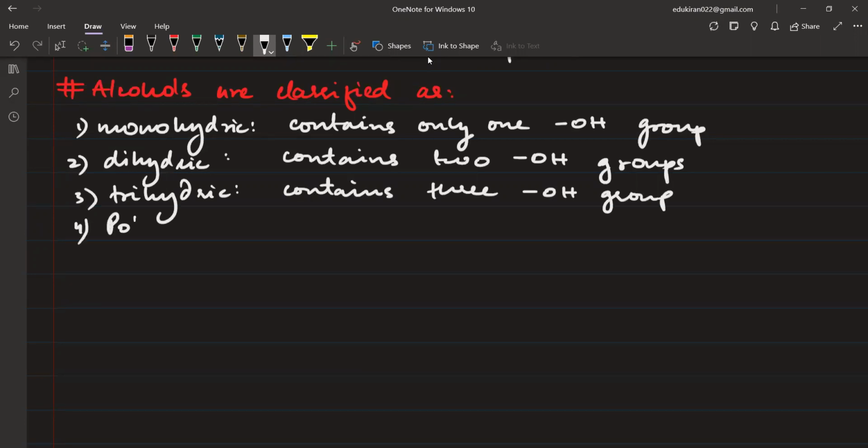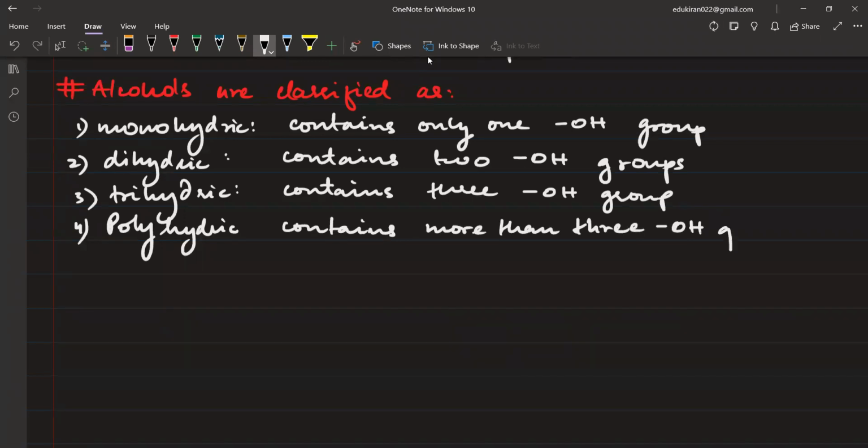And fourth is polyhydric. It contains more than three OH groups.